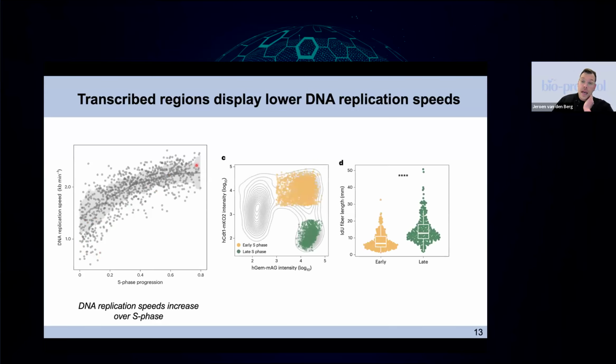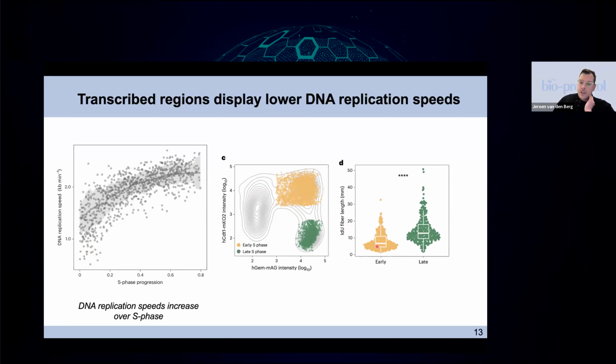And this we could also validate using a classical fiber assay. We had to tweak the assay a little bit to do that, but what we did is that we sorted early S-phase cells with this FUCCI marker again, and late S-phase cells. And now we quantified the length of this labeled nucleotide track, which is a metric for DNA replication speeds.